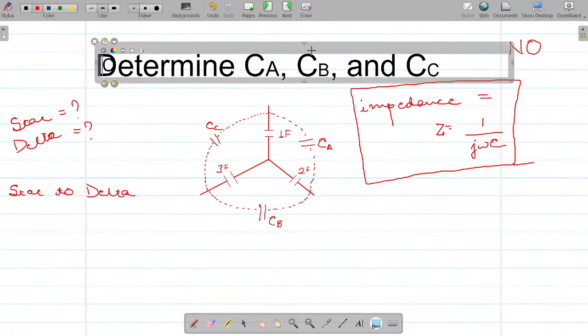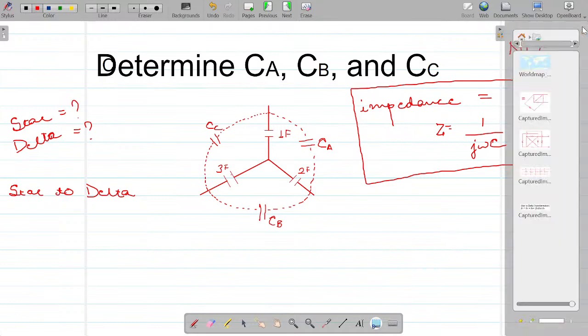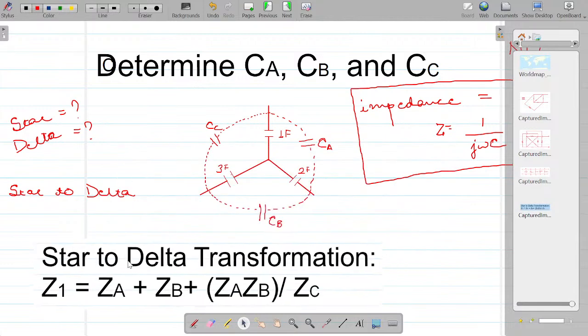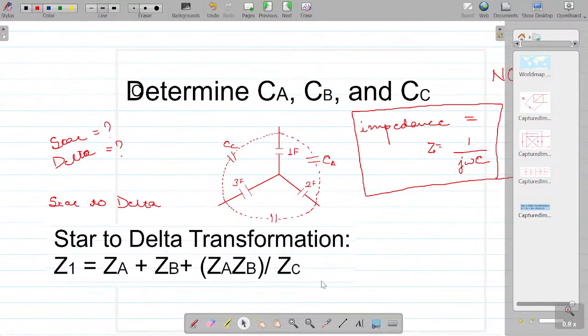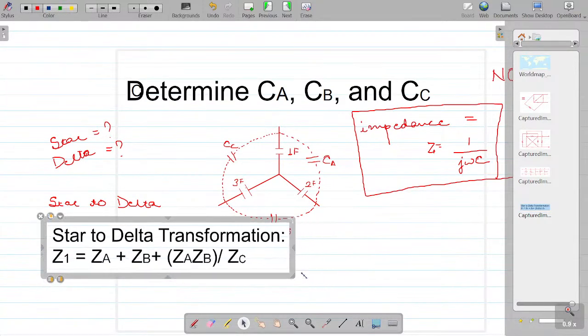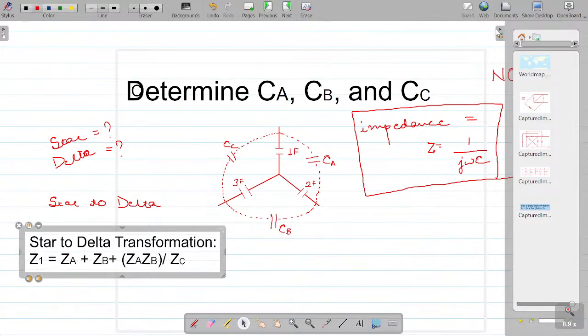So this is what our formula is, and this is what we need to use, right? Now, seeing this, can you solve your question?